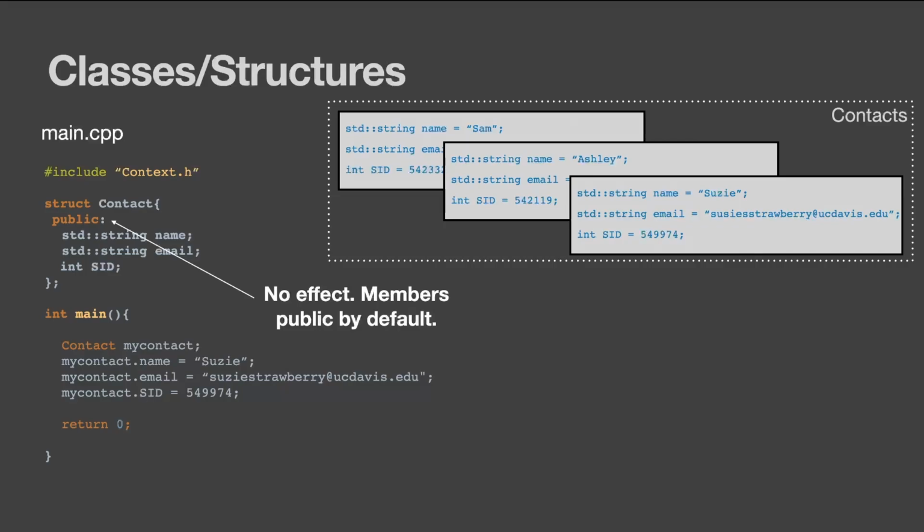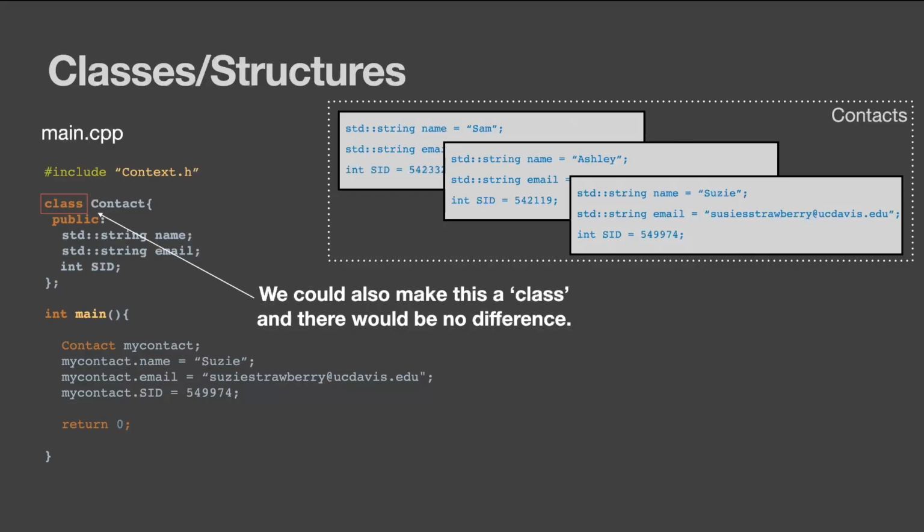So in our example here, it needs to be public because we're accessing those data members from outside of that data object. So in this case, we've just put that our members are public. This will effectively have no impact. It'll be the exact same as what we had before because it was already public by default.